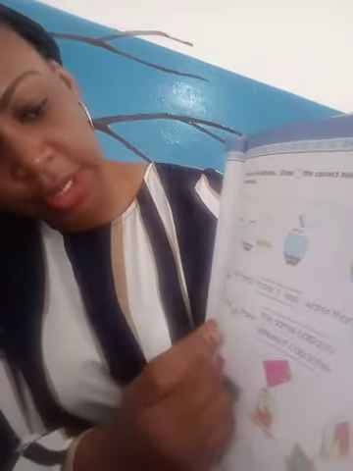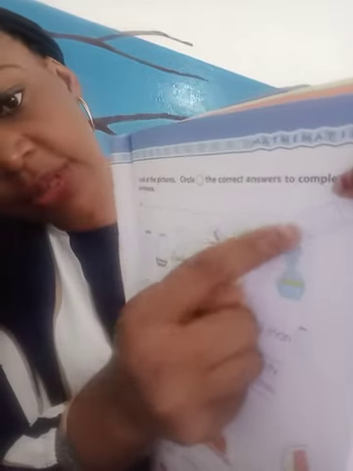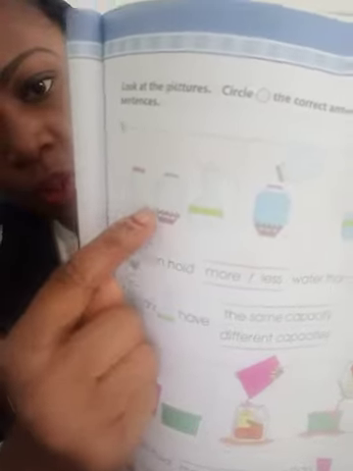Look properly at the water inside the can and think. You can compare the 3 of them here, 1, 2, and 3.